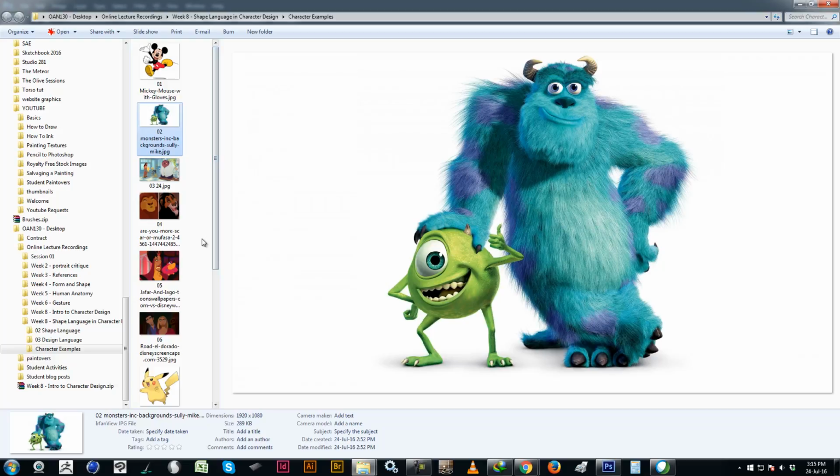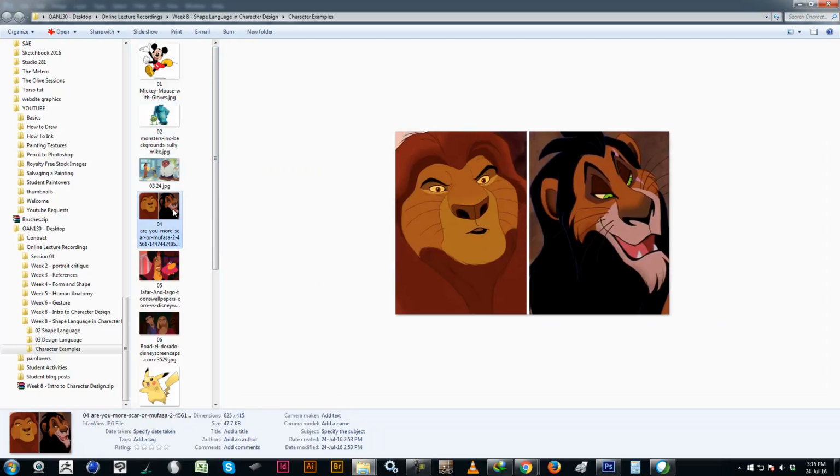Let's just look at the design of Mufasa and Scar from The Lion King, right? So they're both lions, right? So lions in the wild don't really look that much different from one another. So what are the kind of things that the animators were thinking about when they designed these characters? Well, basically, if you look at Mufasa, very square jawed.